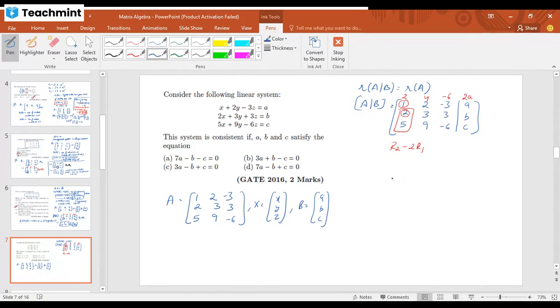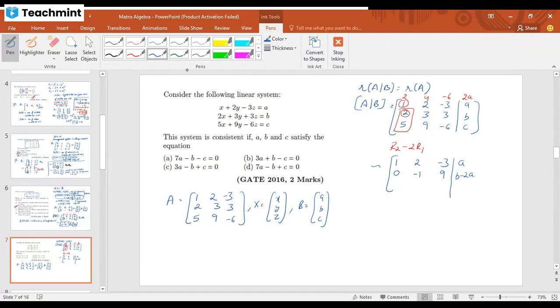If we apply this operation, no change in the first row, 1, 2, minus 3. This is 2 minus 2 is 0, 3 minus 4 is minus 1, 3 plus 6 is 9, and here it is B minus 2A.